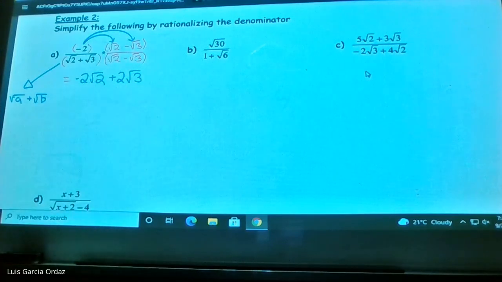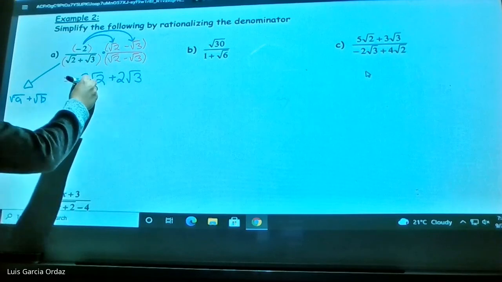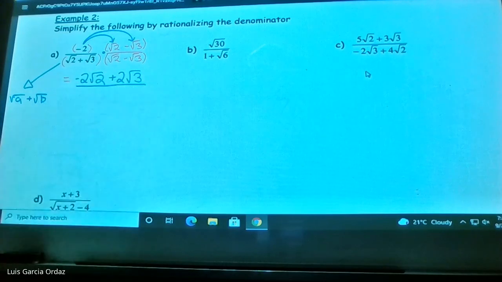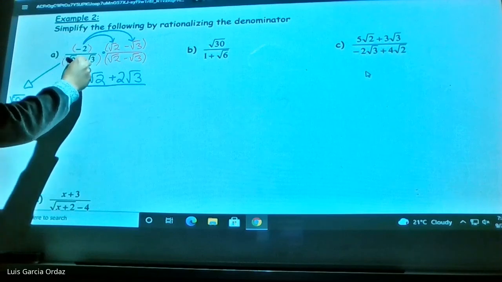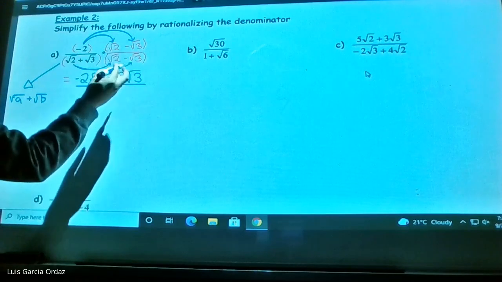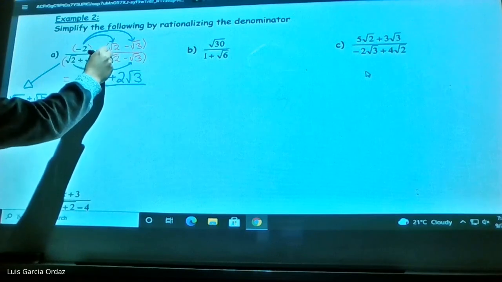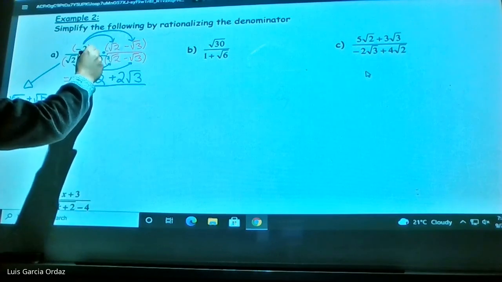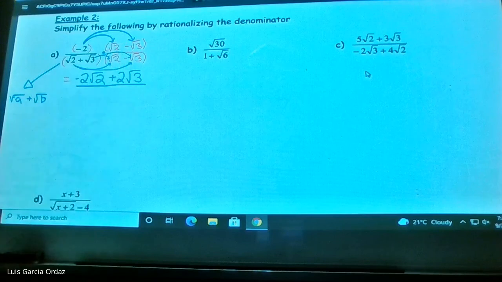Now this is where the important part comes in. I'm going to do it the long way so that you understand. For our conjugate, we're basically just going to FOIL. Root 2 times root 2, root 2 times negative root 3, root 3 times root 2, and root 3 times negative root 3.